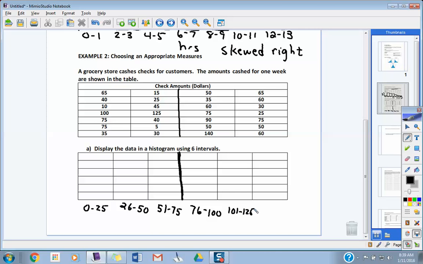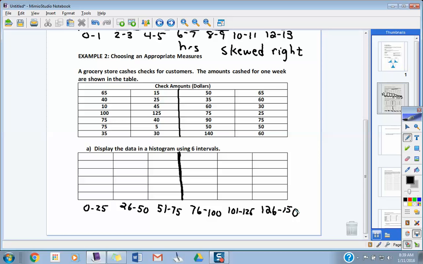And finally, $126 to 150. Let's do that. Hopefully that fits everything. Should.